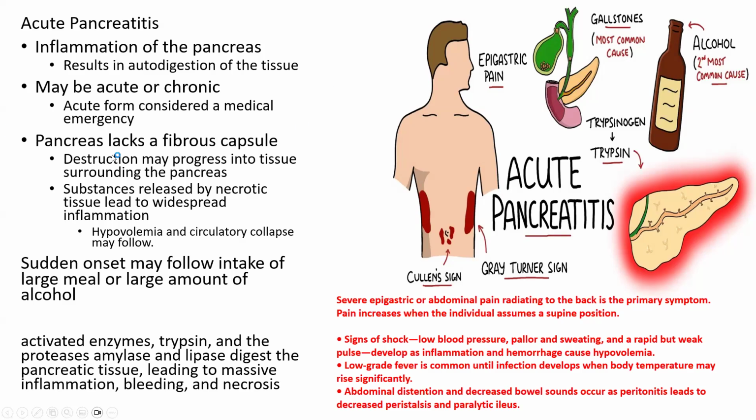If there is a hemorrhage, okay, if there is other damage, of course, that can lead to decreased bowel sounds, peritonitis, and decreased peristalsis and paralytic ileus. Paralytic ileus is what? Use your terminology here.